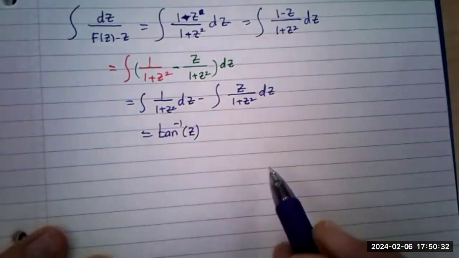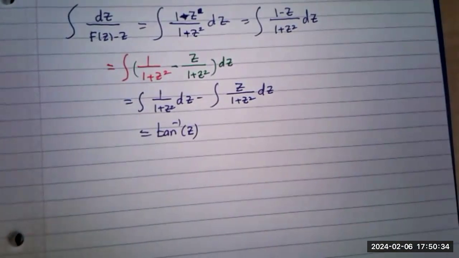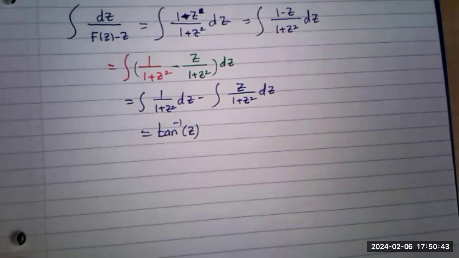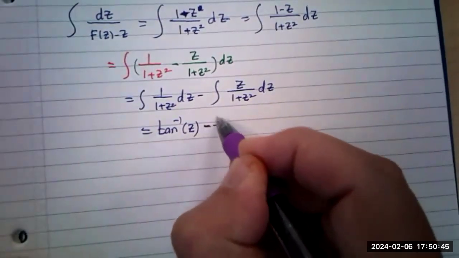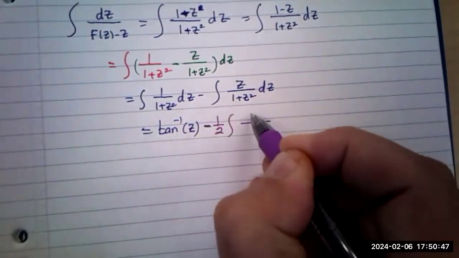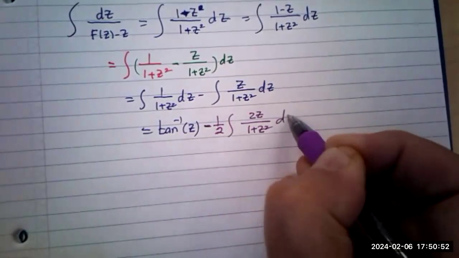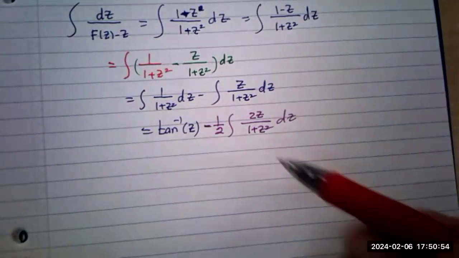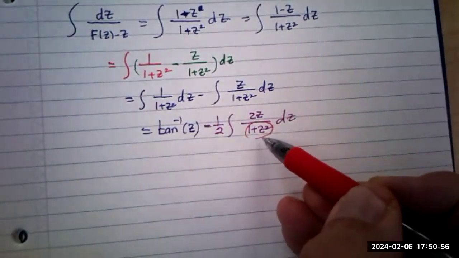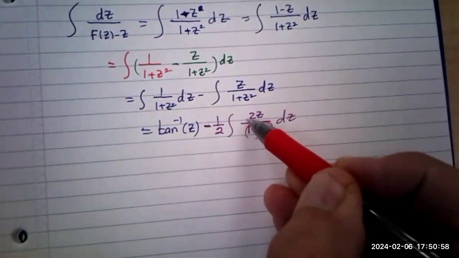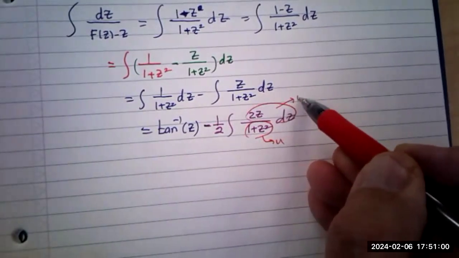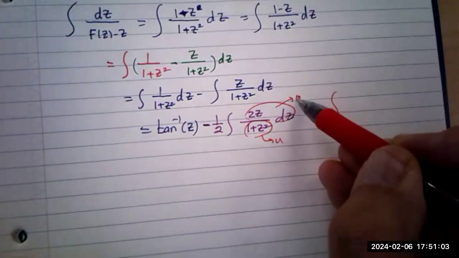The second one, if you take the bottom to be u, u prime would be 2z, so you need a 2 on the top. Natural log. You can do the substitution, but you don't need it. We change it to negative 1/2 integral of 2z over 1 plus z squared dz. This is going to be your u and the top is your du.